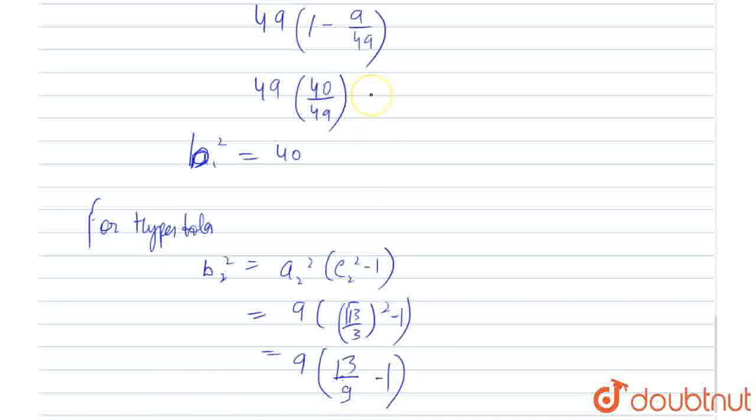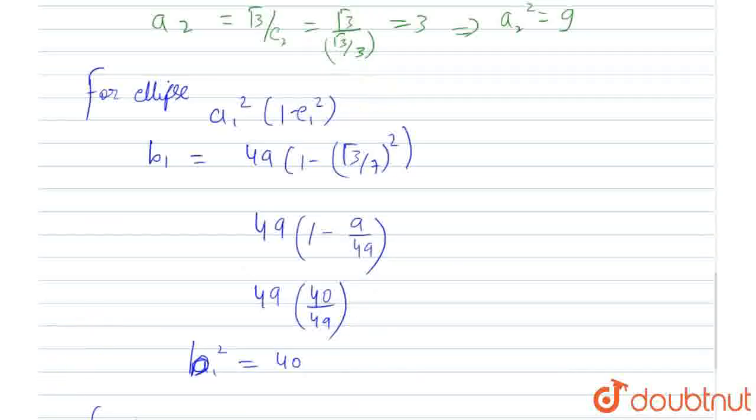Okay, so let me correct that. We just have to replace the 3 with 13, so we put 49 and this will be 13, and this will become 36.